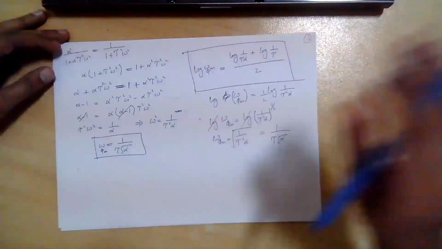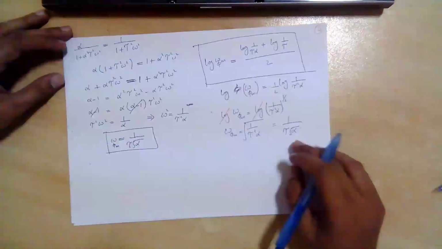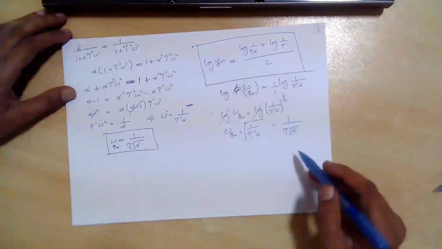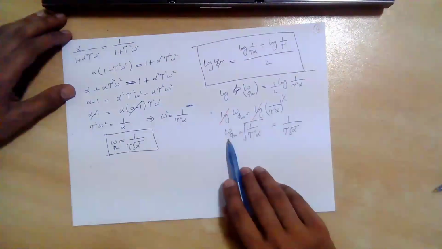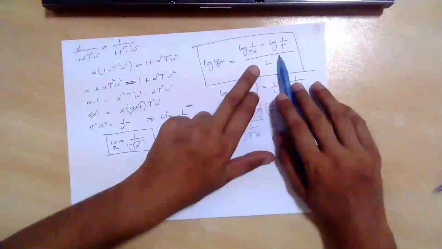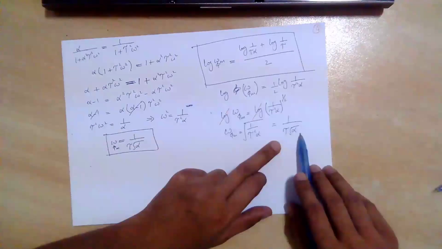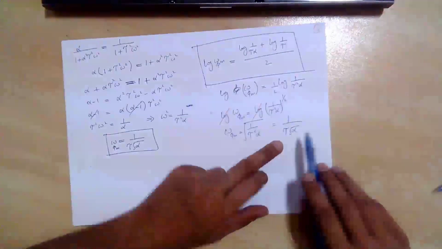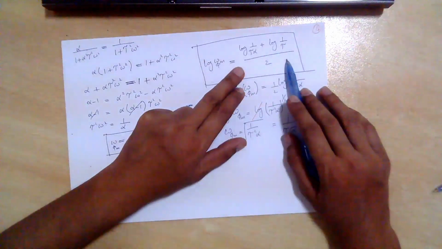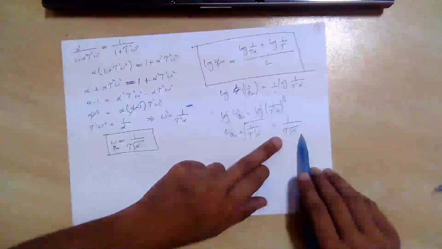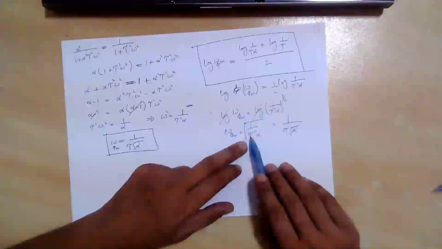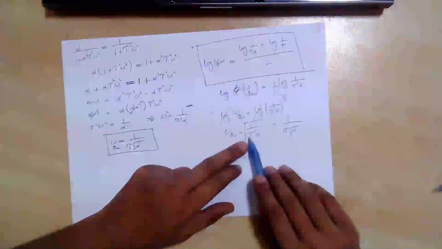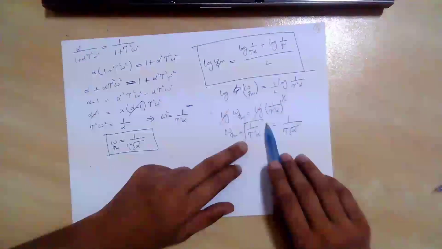And there is an important property over here. Remember, this arithmetic mean on the log scale becomes a geometric mean on the linear scale. Arithmetic mean on the log scale is this geometric mean, right? I just multiplied the pole, which is 1 over tau, and the location of the zero, which was 1 over tau alpha.